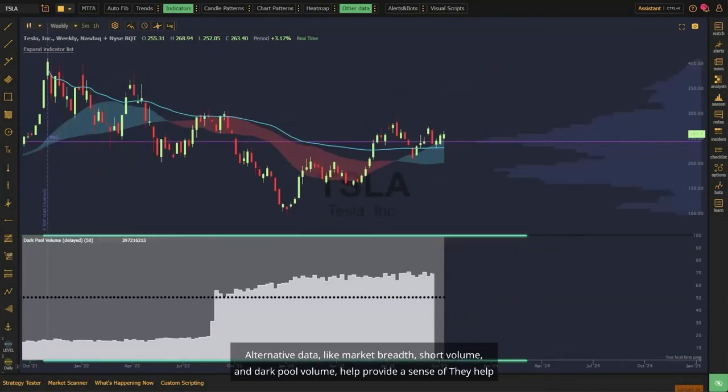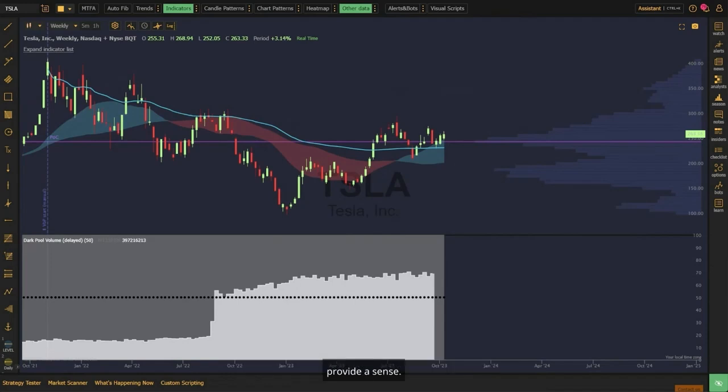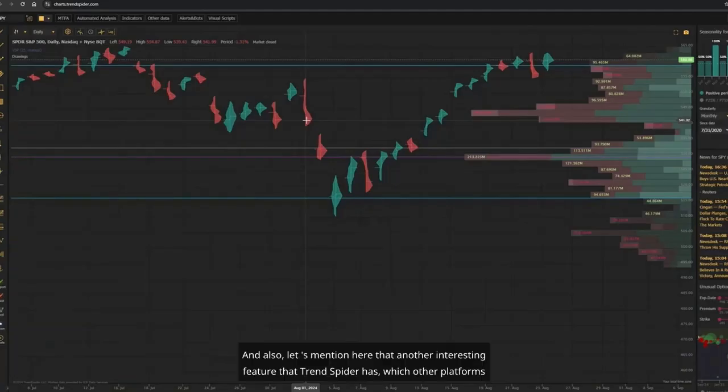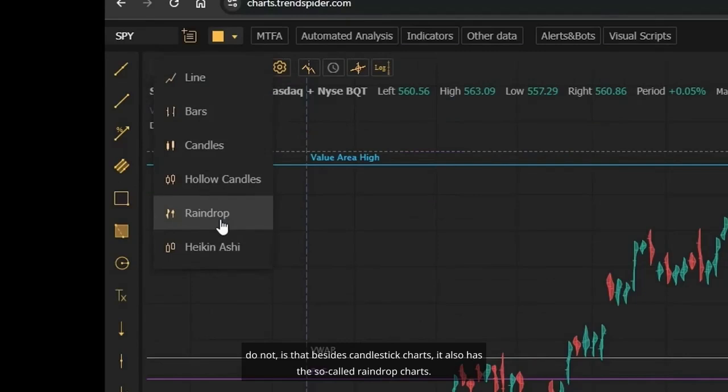Alternative data like market breadth, short volume, and dark pool volume help provide a sense of the market trends. And also, let's mention here that another interesting feature that TrendSpider has, which other platforms do not, is that besides candlestick charts, it also has the so-called raindrop charts.